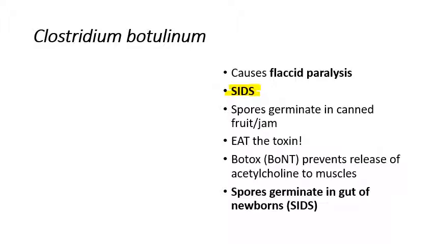Now, the bacteria itself is not that bad for you. The reason you get botulism is because you eat the toxin. So in the case of Clostridium botulinum, you have a can of food that's contaminated. The spores germinate inside the can.